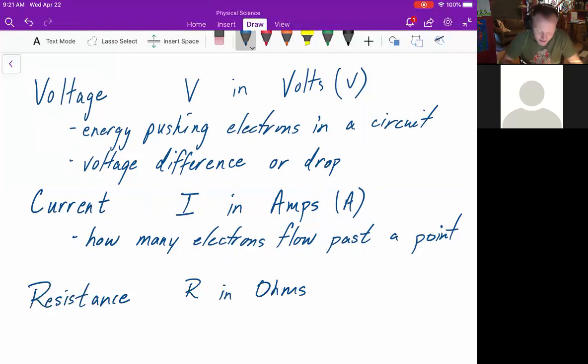Okay, back to resistance, which uses, instead of an O for ohms, which would be confusing because it looks like a zero, the Greek letter omega. Ooh, that's an ugly looking omega. The last letter of the Greek alphabet, and this is a capital version of it.